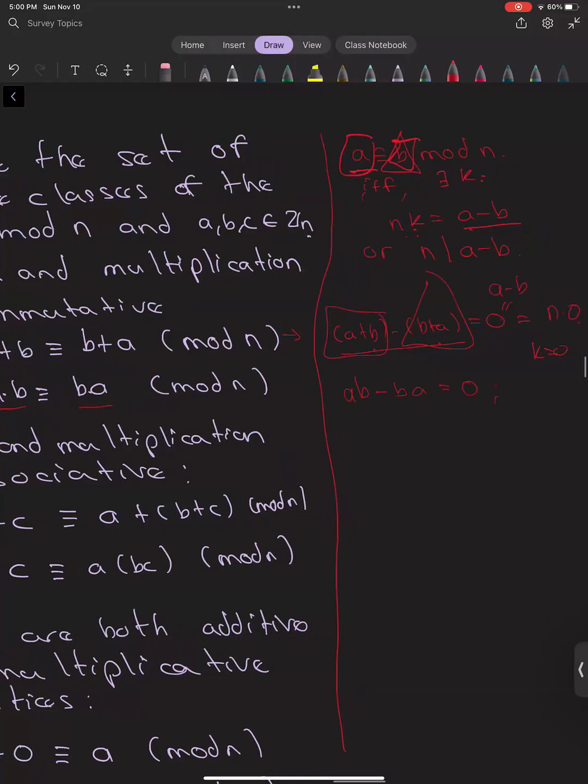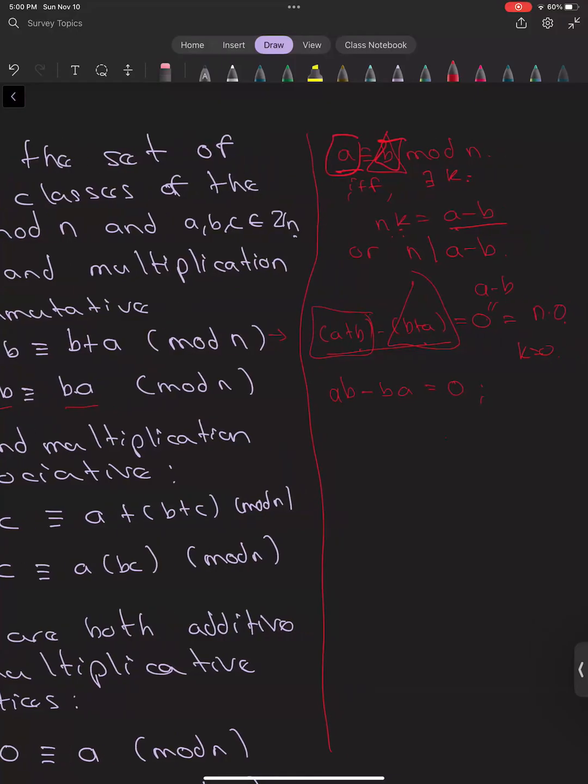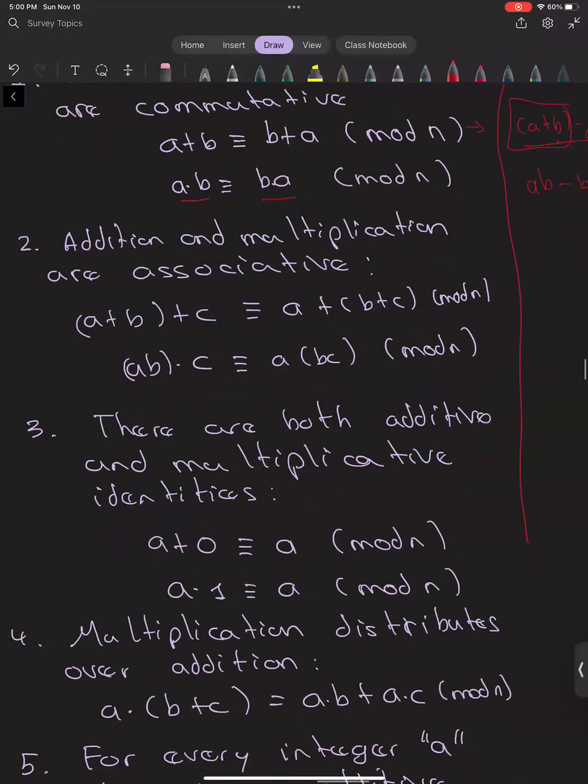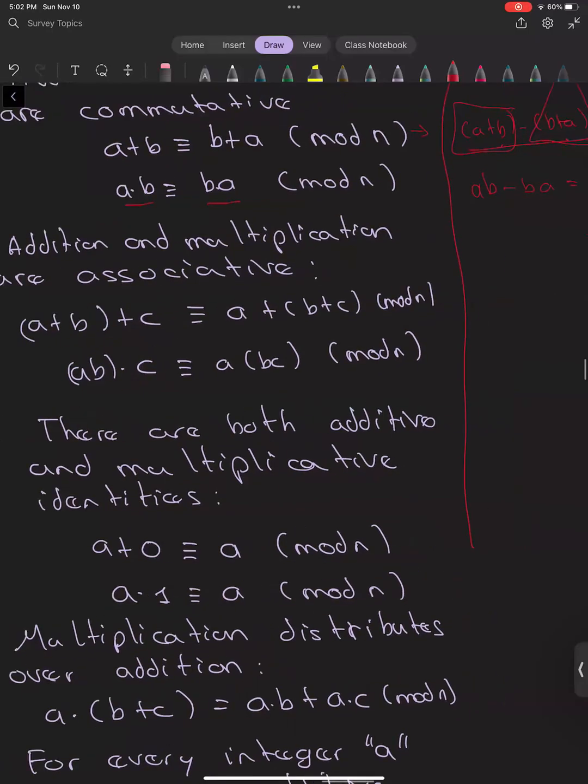So again, k has to be 0, so this equals n times 0. Let me check. Yeah, so k can be 0.